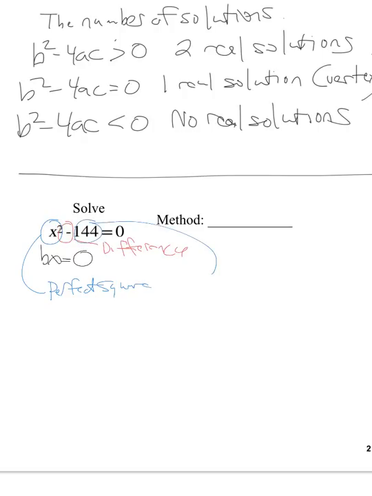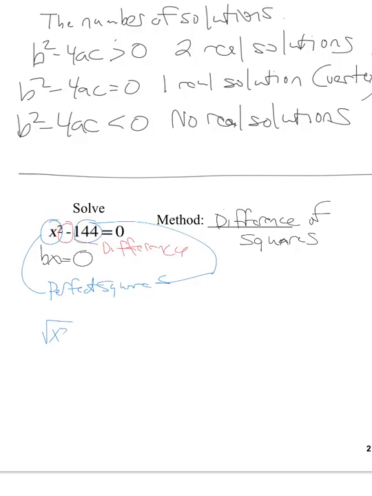We're going to look at 144. That is also a perfect square. So with that in mind, we're going to use a difference of squares to solve this.